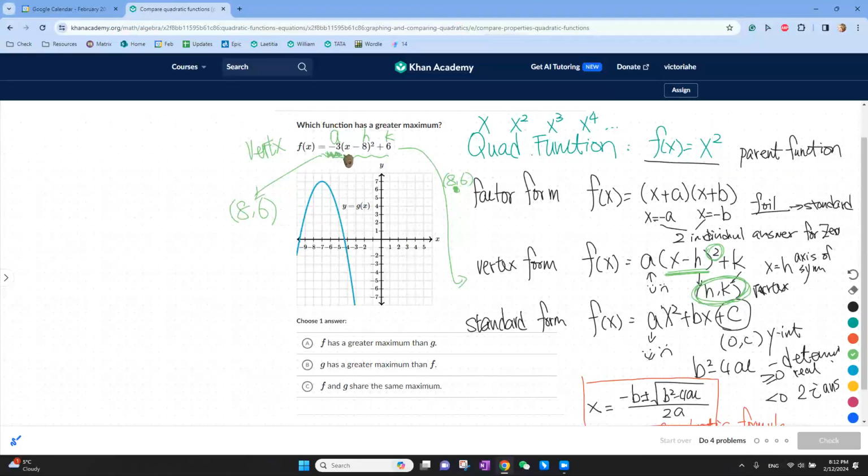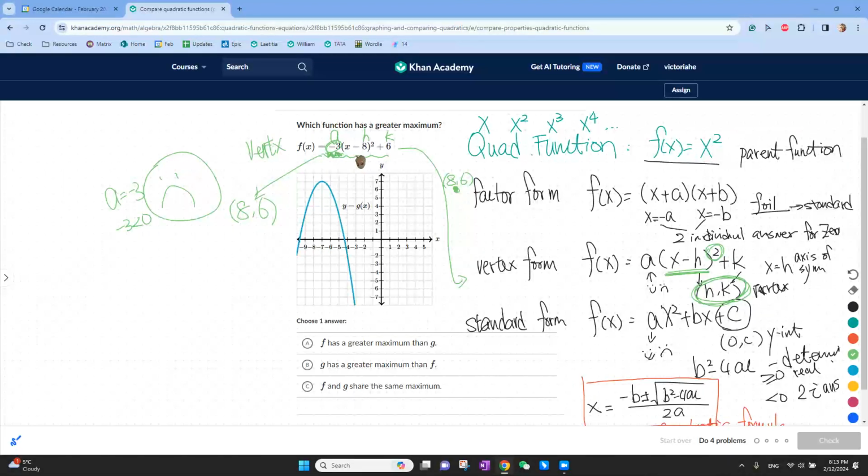So happy face or sad face? Why didn't they put the negative sign there? This is a negative sign right there. So tell me, is it a happy face or sad face? Sad face. Okay, so I'm going to have a sad face right there because a is -3 and -3 is less than 0.